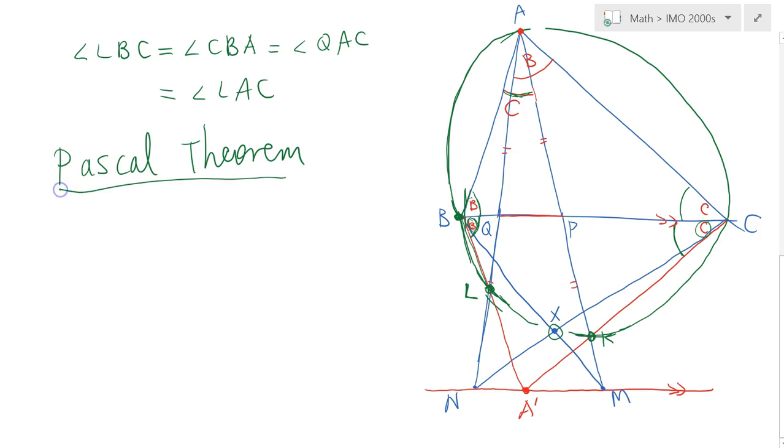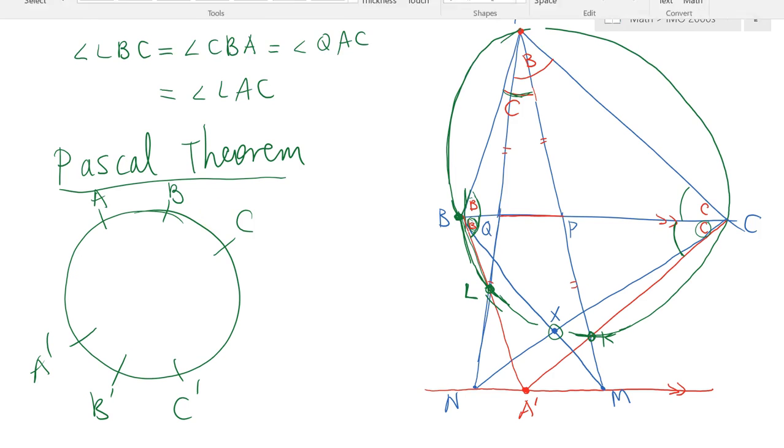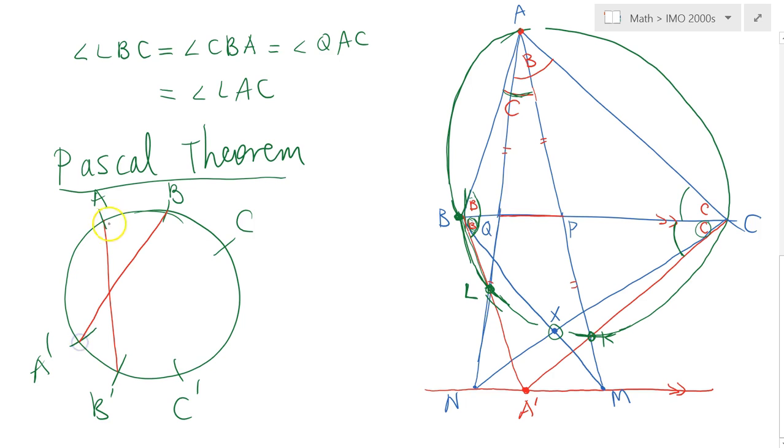Recall Pascal's theorem, just a simple reminder: if you have 6 points on a circle, let's name them A prime, B prime, C prime, and A, B, C. And then if you connect those points in pairs like this, A's and B's, A's and C's, and finally B's and C's, we will get the following points. So the claim is that these 3 points are collinear.